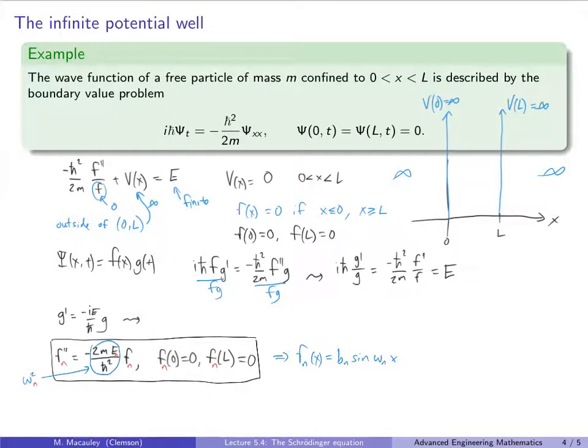So in this case, what is omega? Omega n squared is what I've circled, which is 2m En over h bar squared. And so if we solve for En, let's see.